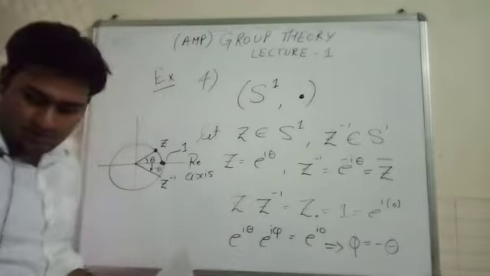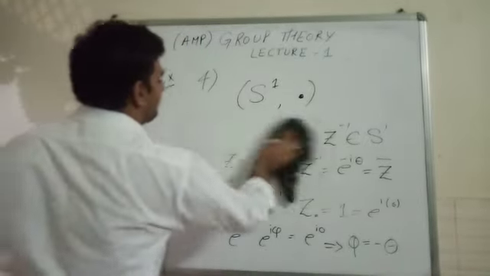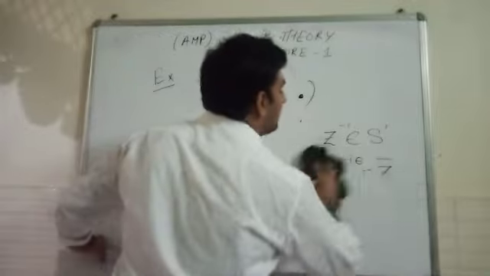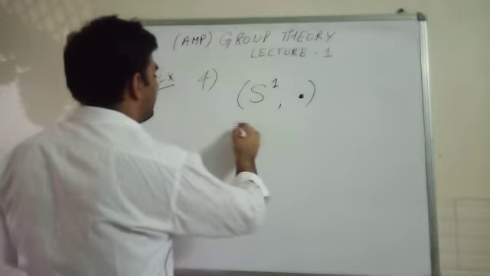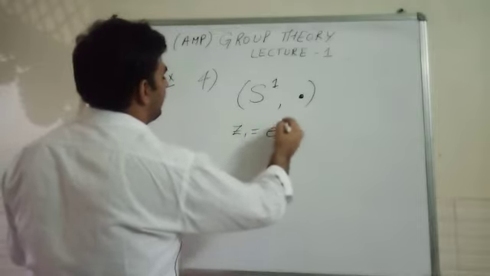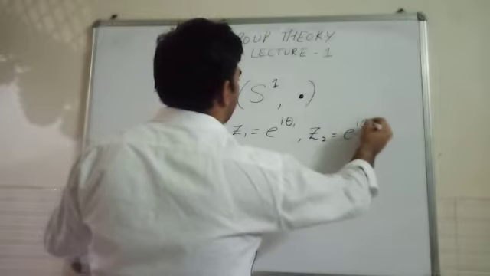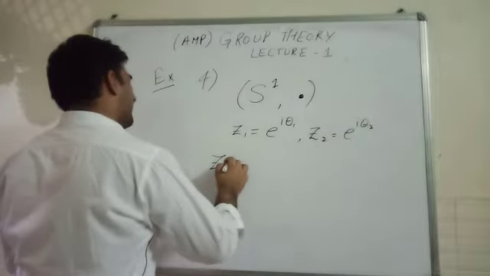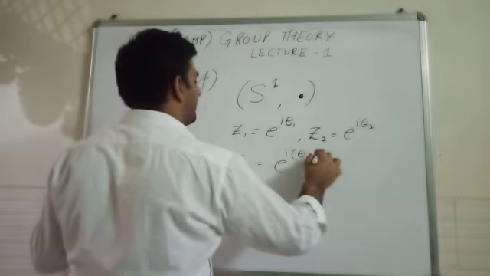Now, is it an abelian group? Let's check. Let z1 equal e^{iθ1} and z2 equal e^{iθ2}. Now if you multiply them, you get e^{i(θ1+θ2)}.